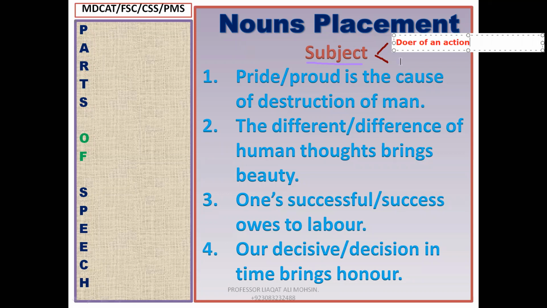But if there is no verb, suppose I say "it is very pleasant today," there is just a linking verb but no action for which some doer or performer is needed.